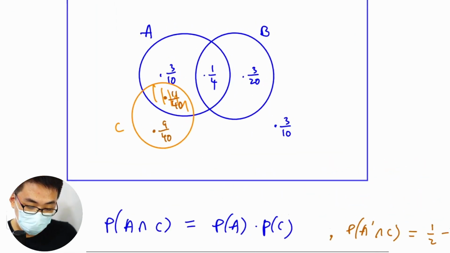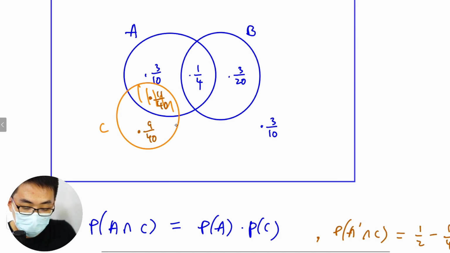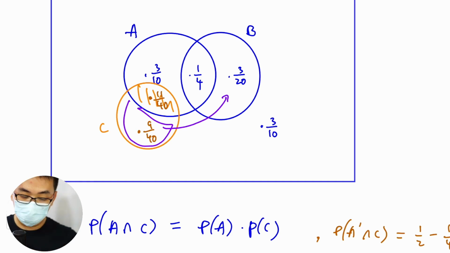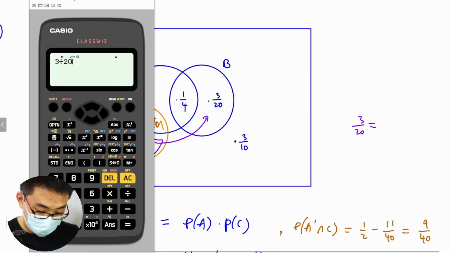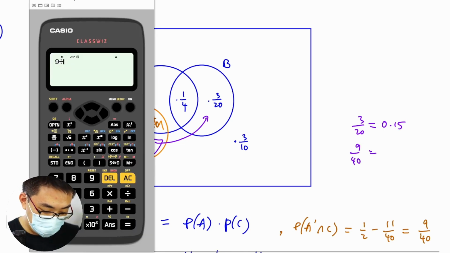So you must ask yourself whether this crescent here can fit inside. Can it fit inside? 3/20 is how much? Cannot, right? This is 0.15, while 9/40 is actually 0.225.